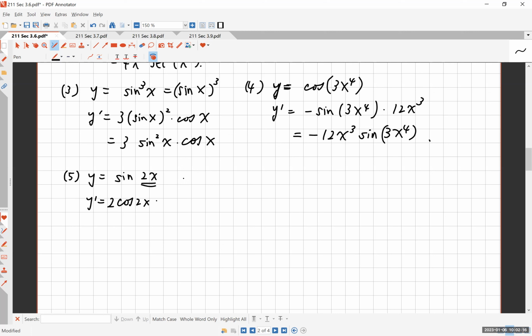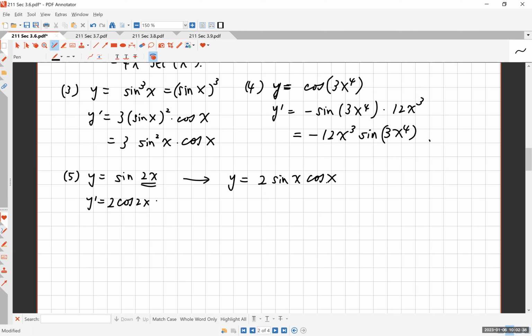Now, the reason I wanted to show you this is because, remember, you can write the sine of 2x in another way. It's the double angle, so you can use the double angle formula to write y as what? 2 sine x cosine x. Do you agree that this is equal to sine of 2x?